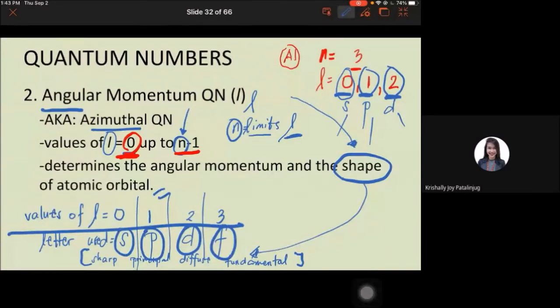Pero, yun na nga, when the time comes na yung quantum mechanics were developed, proposed by Schrödinger, these words were just adapted. But, only the first letter of the words. Kasi this time, yung SPDF, shape na yung dinedescribe. Hindi naman atomic spectra yung dinedescribe ng SPDF.